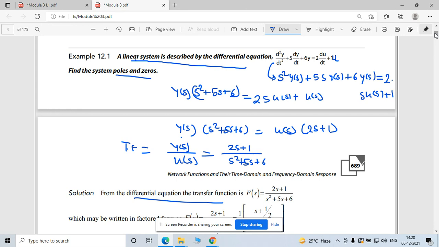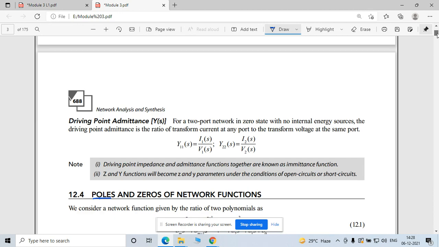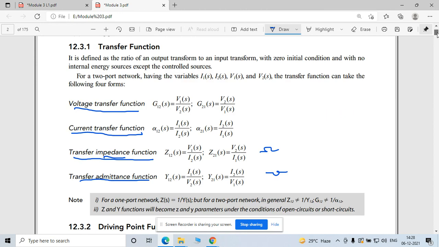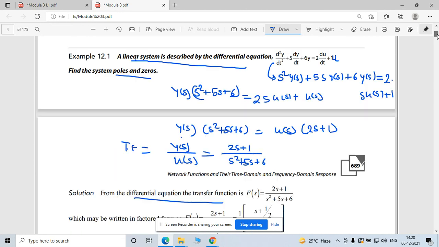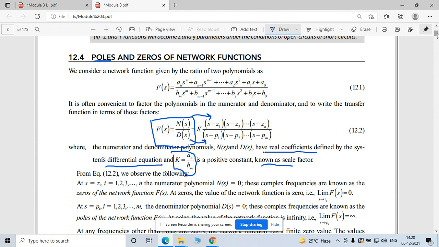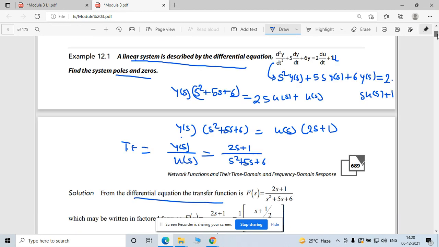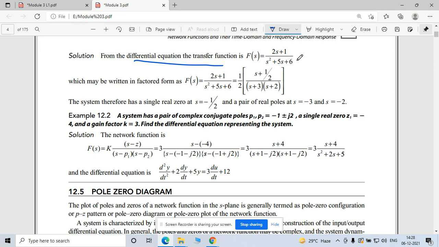So now take the combination of your numerator and denominator in the standard form. This is your standard form. Now see, this is your transfer function.